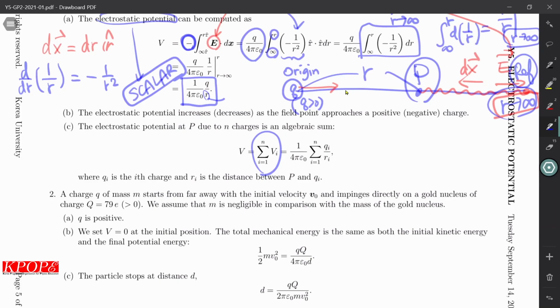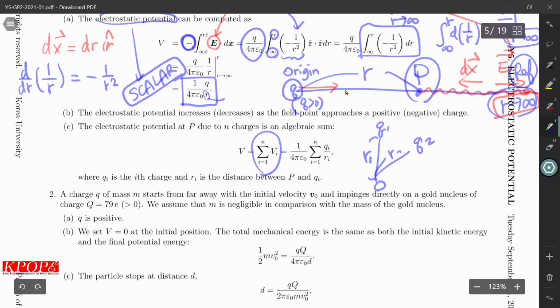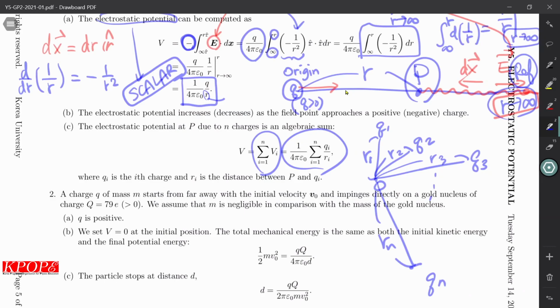If there are n charges, for example, Q1 is placed at distance R1 from the origin, Q2 at R2 from the origin, Q3 at R3, and so on, up to Qn at distance Rn, then the resultant electrostatic potential is just the sum.